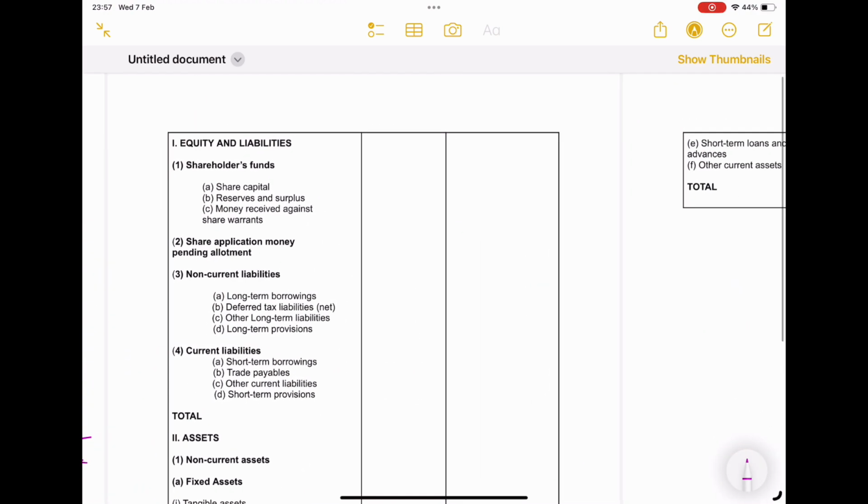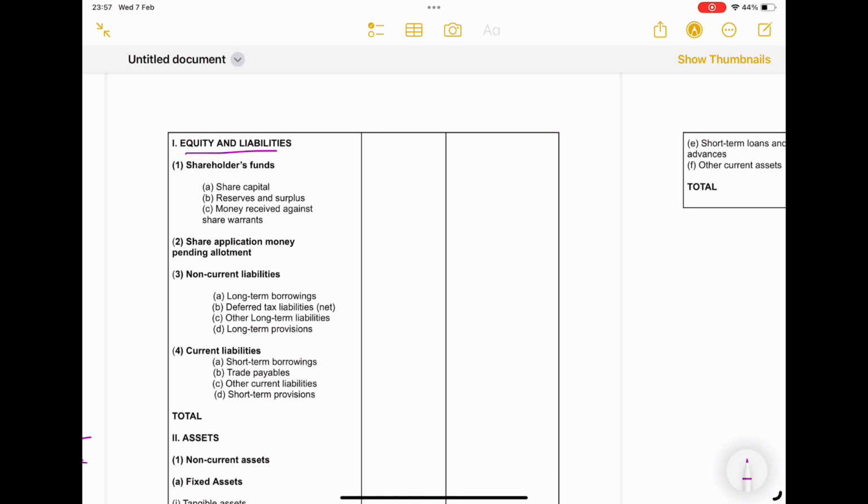Equities and liabilities: always we start with liabilities. Tell me why we have to start with liabilities. Why can't we start with assets? What do you think is the reason? Try to answer this question, guys.